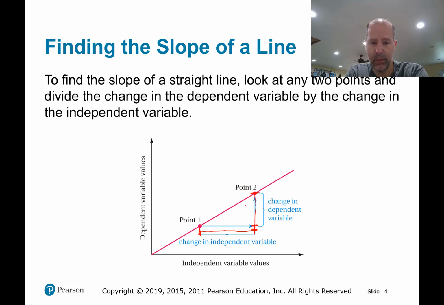So this would be our change in y, or what we call delta y. Delta just means change in. And then of course this would be our change in x. Okay, and so we would just divide delta y divided by delta x. Okay, or rise over run.